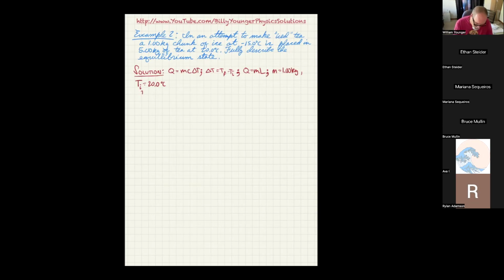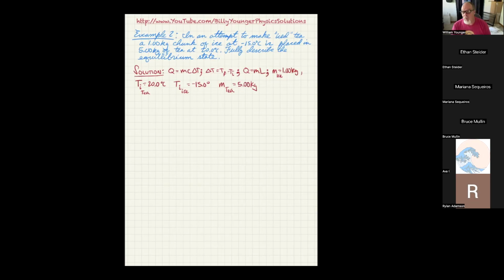I'm going to say the initial temperature of the ice is negative 15.0 degrees Celsius. And the mass M, the 1 kilogram, was a chunk of ice, so I'll put ICE by it. And the mass of the tea is 5 kilograms, so I'll say M_T is equal to 5.00 kilograms. And I think that's just about it.